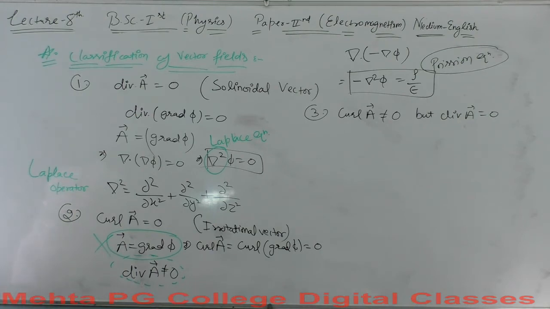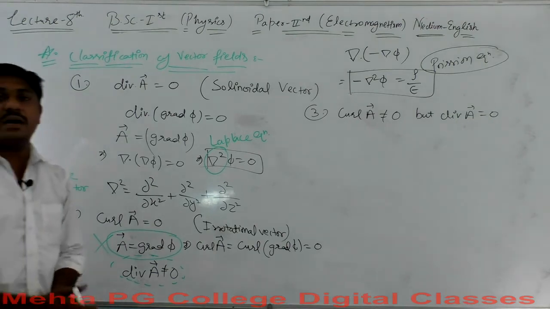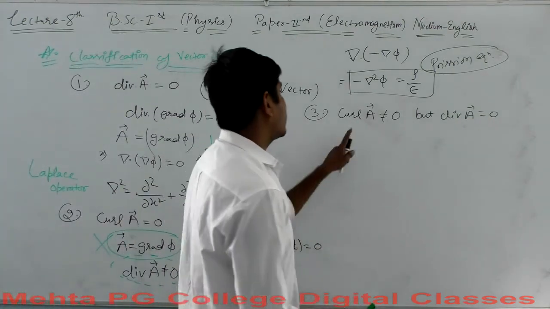Remember, if there is rotation but the field is solenoidal, magnetic field B is such an example.